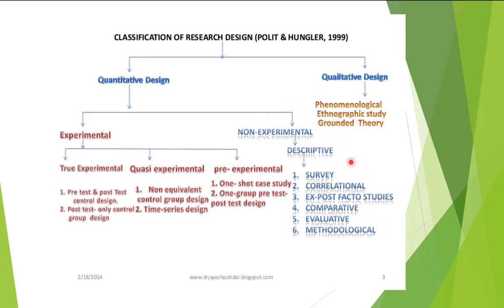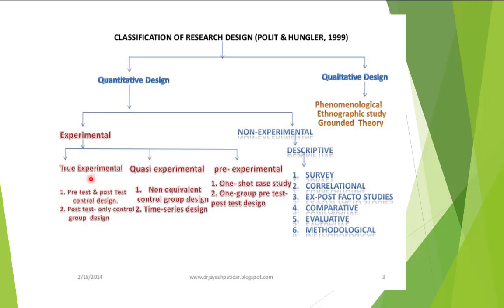Later in part 2, we will discuss each of these research designs. And the experimental design is subdivided into three: the true experimental, quasi-experimental, and pre-experimental. Among these three types of experimental, the pre-experimental has the least validity, while the true experimental has the highest validity.